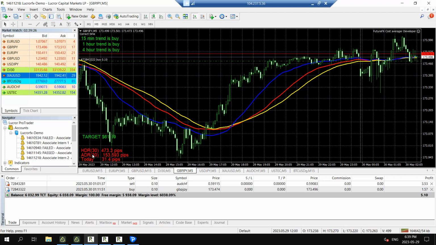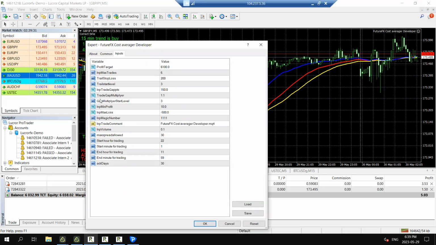Let's go, for example, on pound yen, I'm using a gap. Oh, this is also what I've changed. The input trade gap is now in points. So before on pound yen, we were putting in 0.2 because it was just a dollar value.